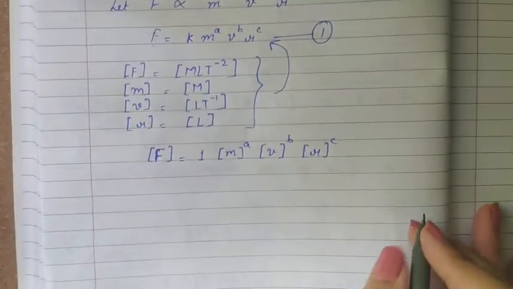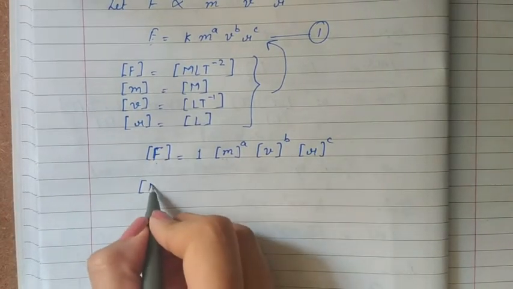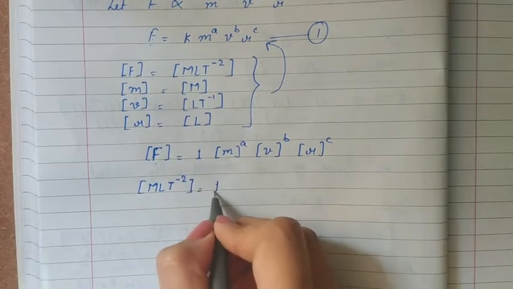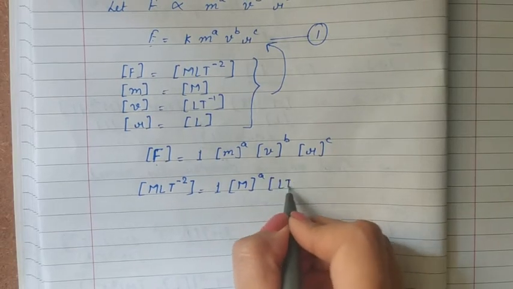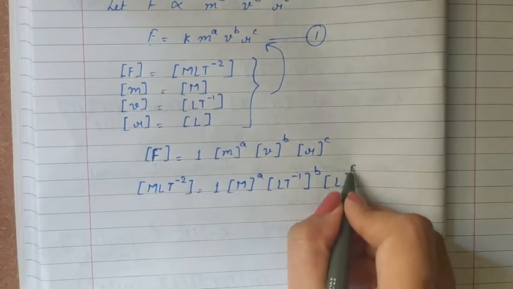Now we substitute the values of all these quantities. So dimension of force is M L T to the power minus 2, then 1. For mass it is M to the power a, for velocity it is L T to the power minus 1, whole power b, and for radius it is L to the power c.